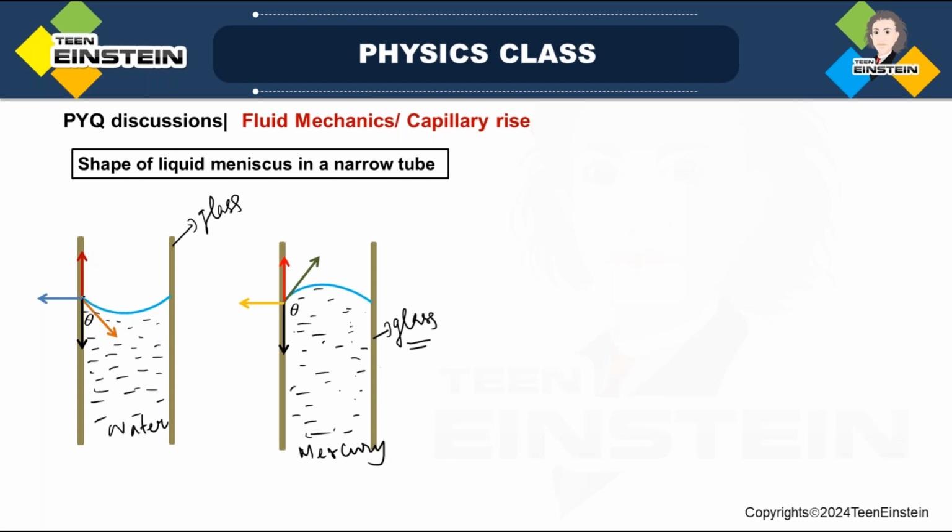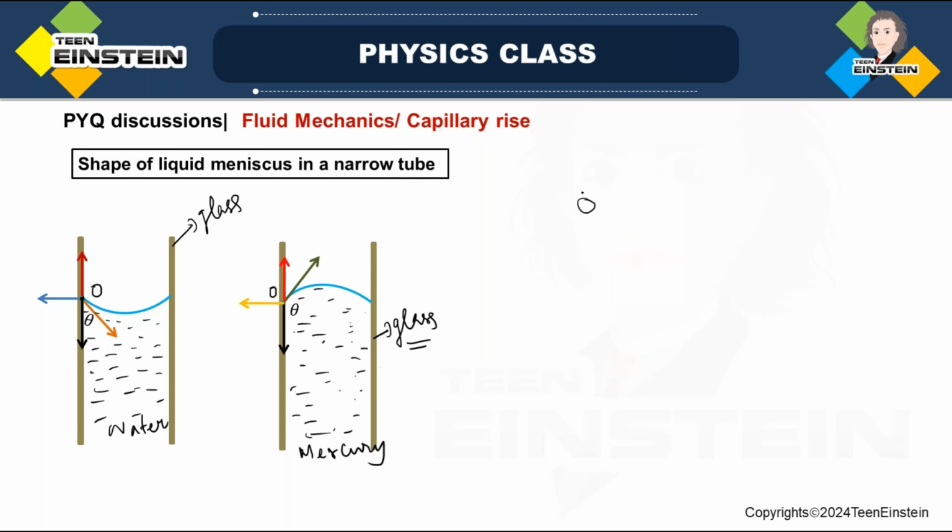at the point of contact, suppose this is the point of contact, let us take this point as O. Okay, point of contact O. Here also let us take that point of contact O. Okay, so there are a few forces acting at the point of contact, and at equilibrium there will be no net force acting at this point. Suppose there is a molecule at the point of contact.